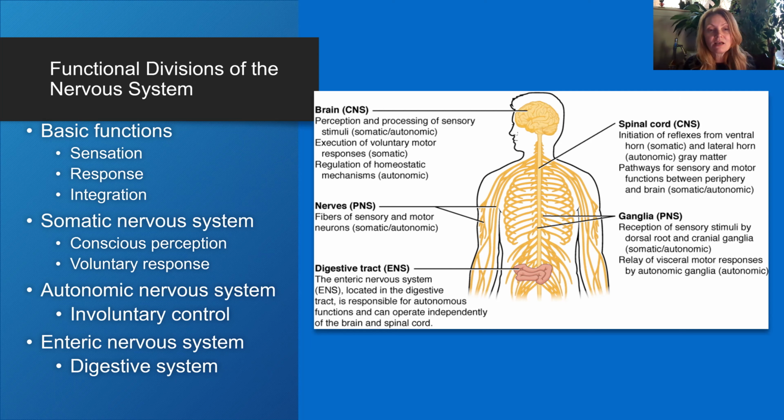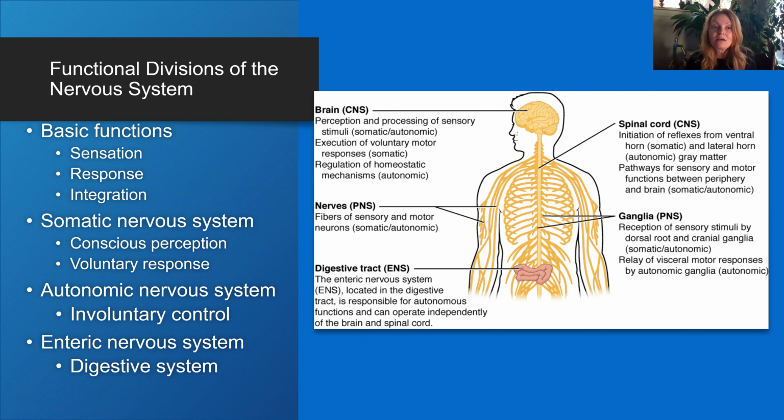The enteric nervous system is found in your digestive system. And if you read over here, the enteric nervous system located in the digestive tract is responsible for autonomous functions and can operate independently of the brain and spinal cord. And that's the system that will produce contraction of your stomach and small intestine and large intestine, and also secretion of digestive enzymes, right?